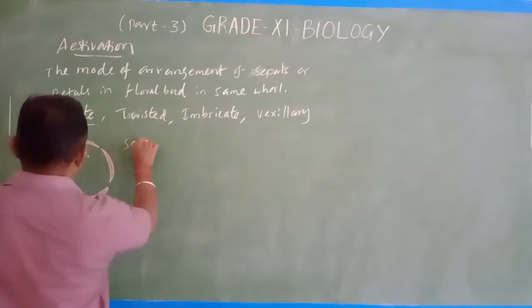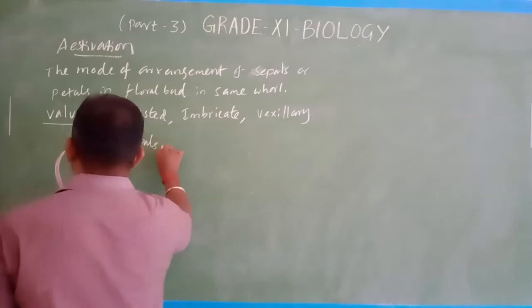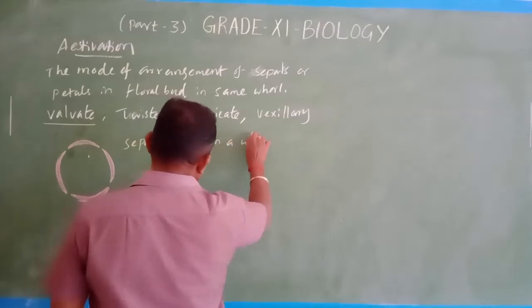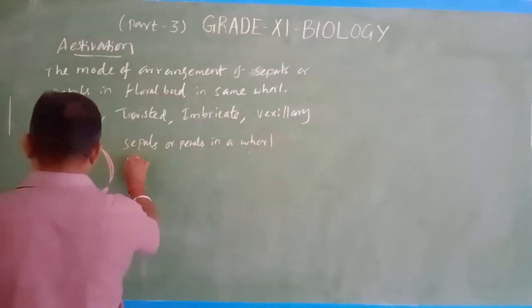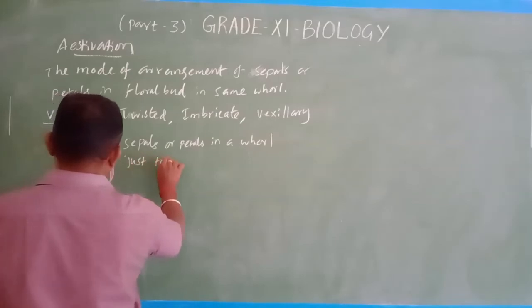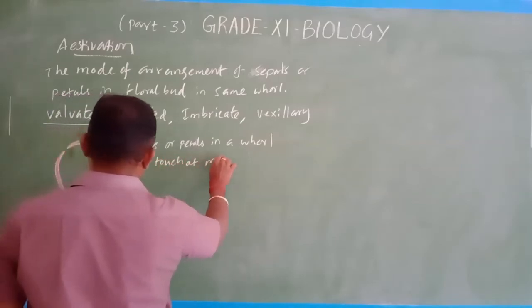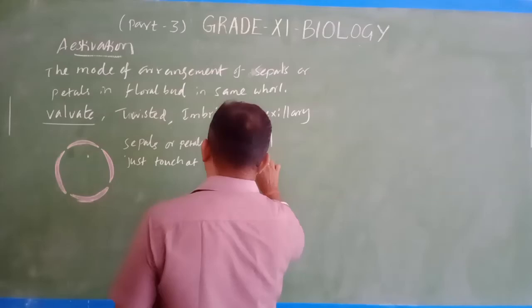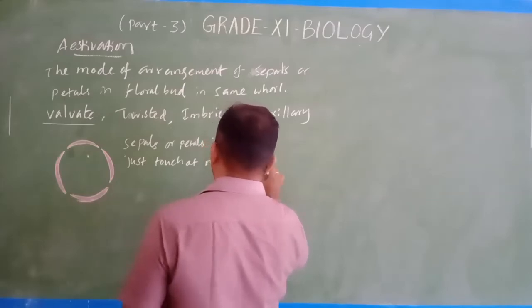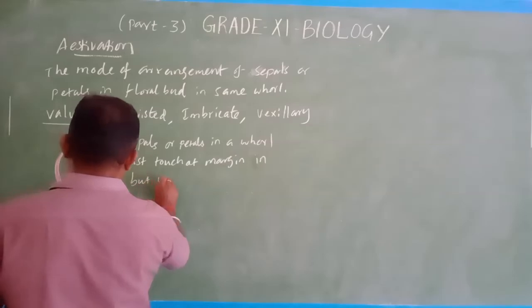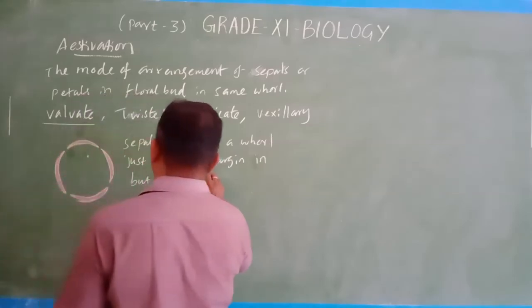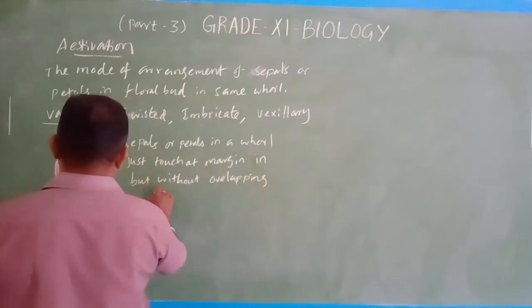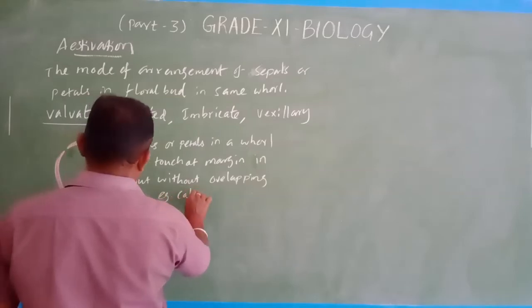The sepals or petals in a whorl just touch at the margin but without overlapping. Example is calotropis.